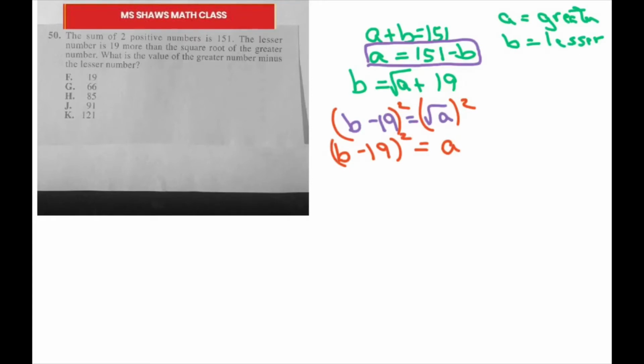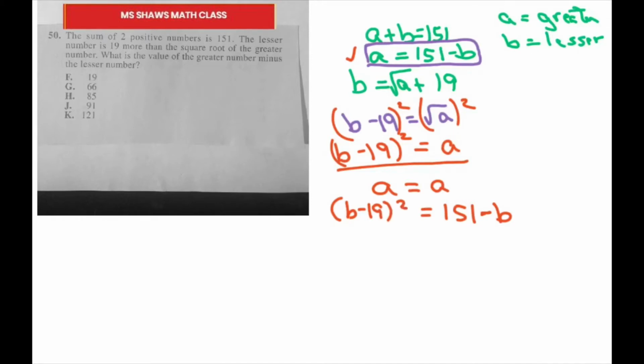Now, what I'm going to do is set A equal to A. So my first A is here, so I'm going to put that down as 151 minus B. And my other A is here, so that's going to be B minus 19 squared. Now what I'm going to do with this side is FOIL this out.